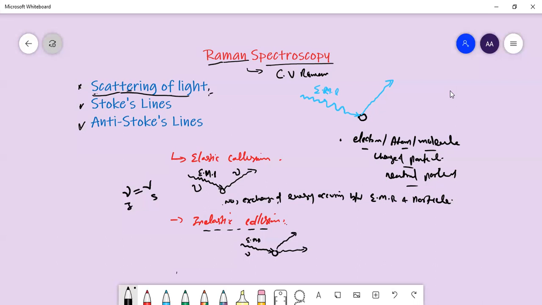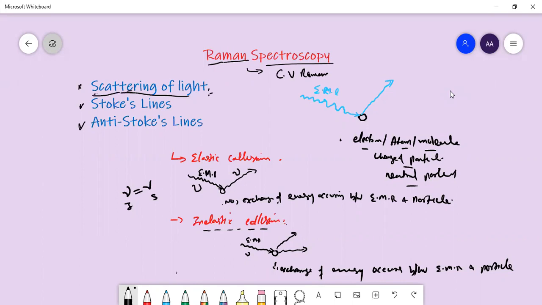So in inelastic collision, there is exchange of energy between our electromagnetic radiation and the particles. There is interaction between the radiation and the particles, and after interaction there is a change in the energy of the electromagnetic radiation.